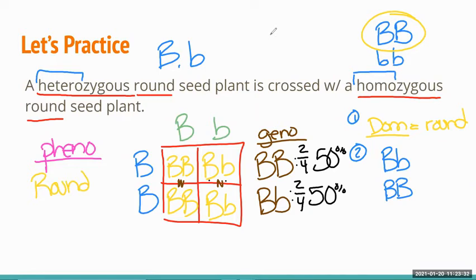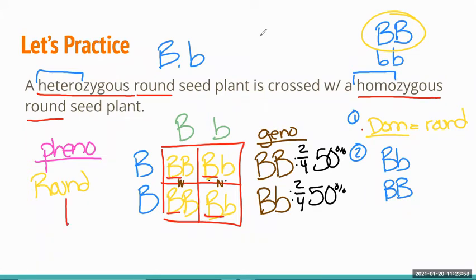But looking at this Punnett square, is there anything that would suggest that we don't have round seeded plant babies? No. Remember that the dominant trait is to be round, and every one of our babies has a dominant allele. Therefore, we will see them as having round seeds.